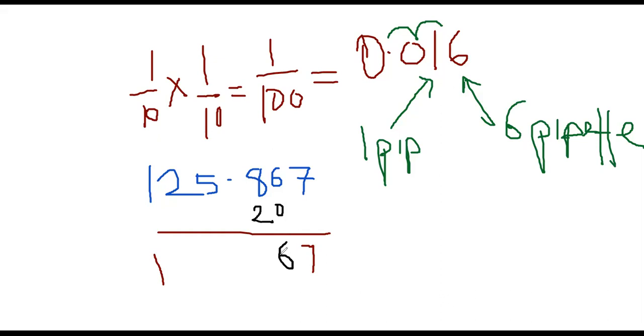So 8 plus 2 carries over, and you can see the value changes. So you can see that I had 1.26 and now I have 1.26.067.